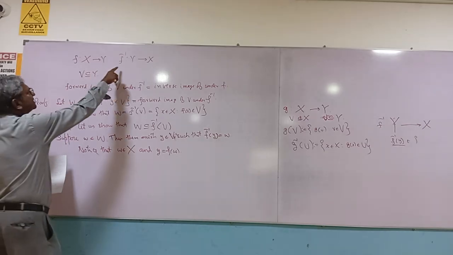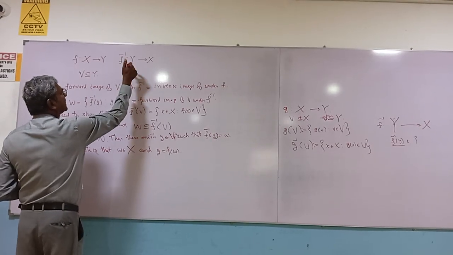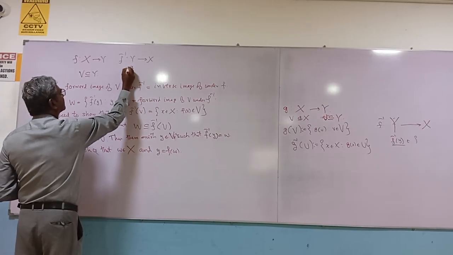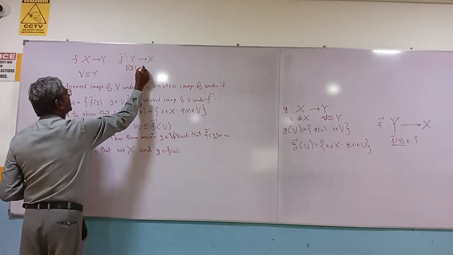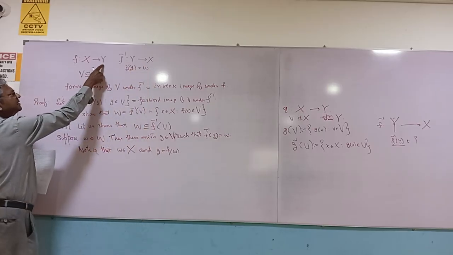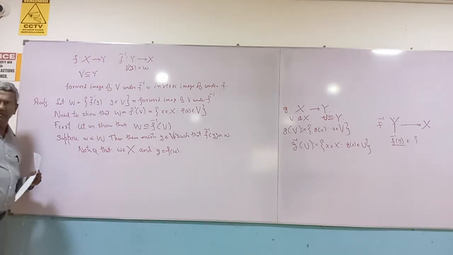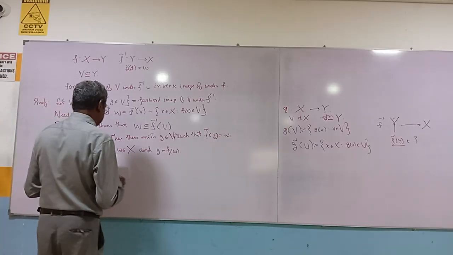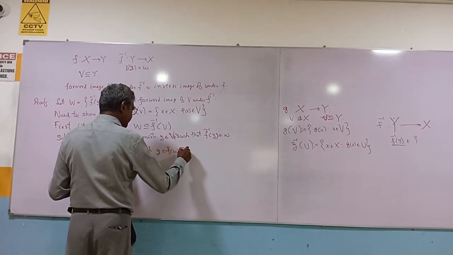When this is a function, if you take any Y here, you take F inverse of Y, you say W; here you have Y, W here, F of W must be equal to Y. That's the definition.